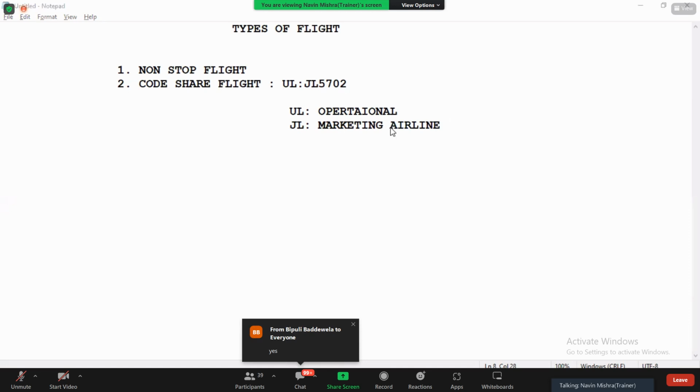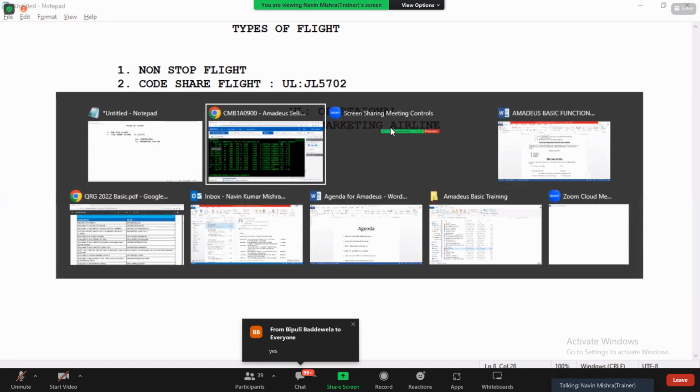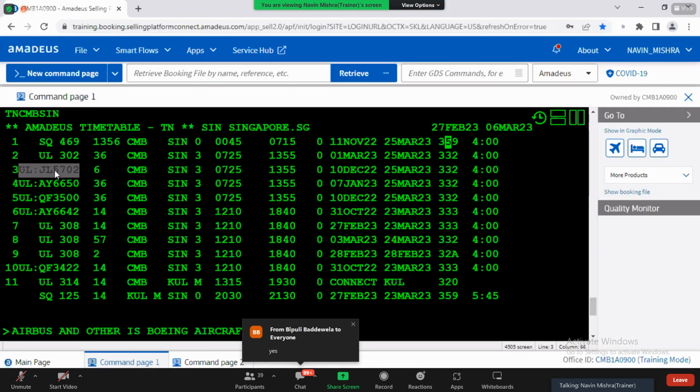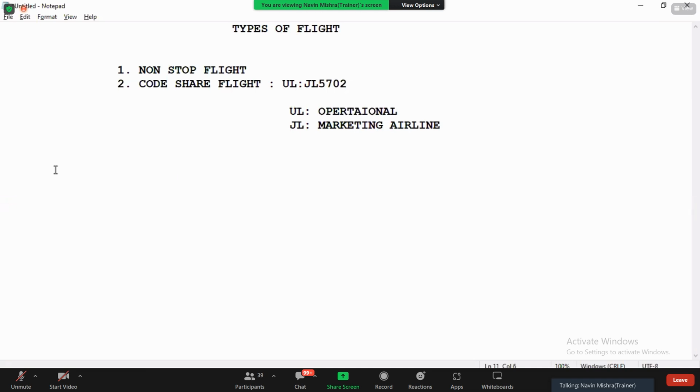All right. Now, I'm going to give you an example. Code share flight booked for the same. Now, my ticket number is starting with, let's take an example, 1 to 5, and then 2, 3, 4, 5, 6, 7, 8, 9, 10, 11. Now, this is my ticket number.